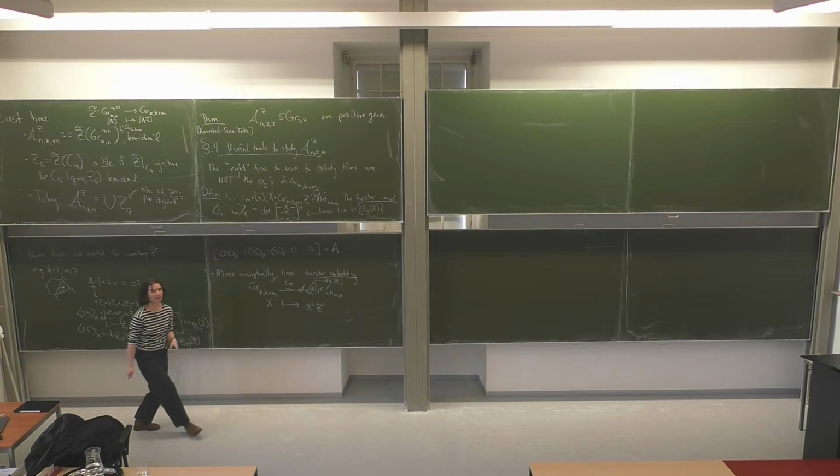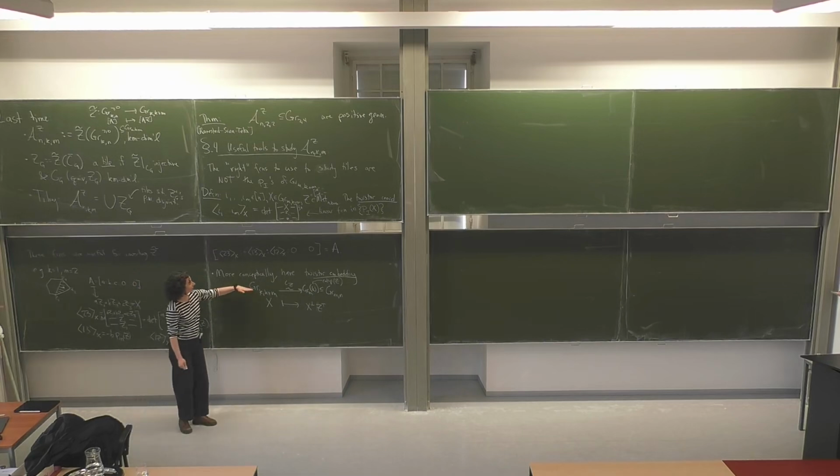Okay, so what did I start with? I started with these twistor coordinates, and then I switched to this twistor embedding. So how were they related?